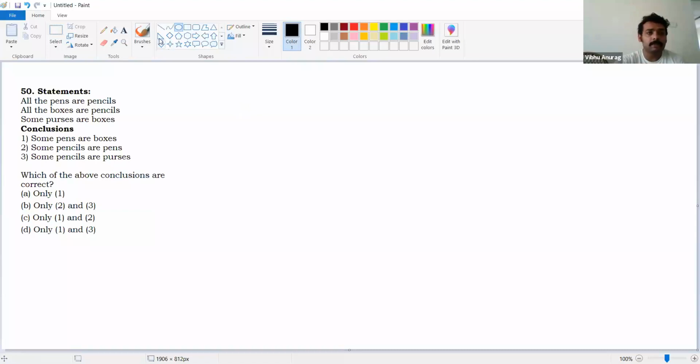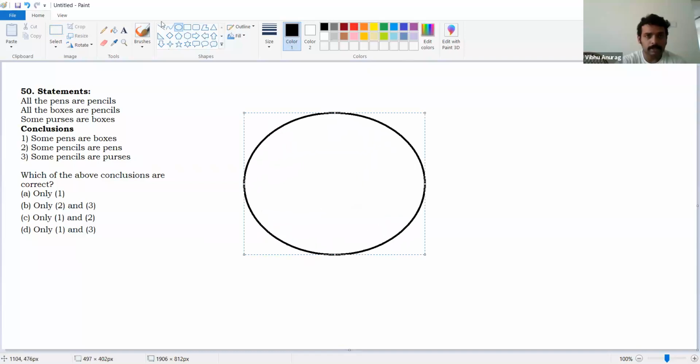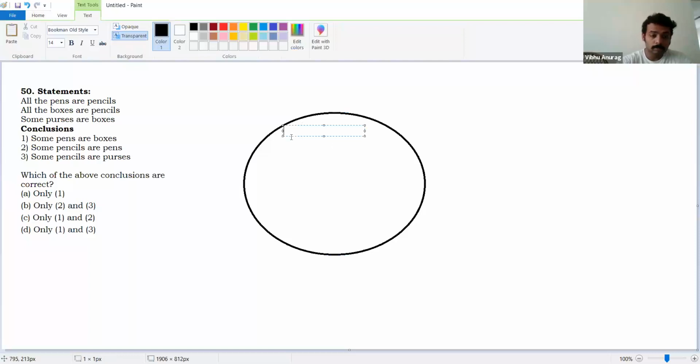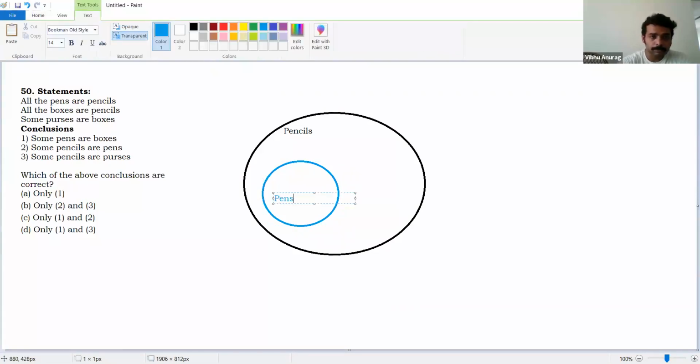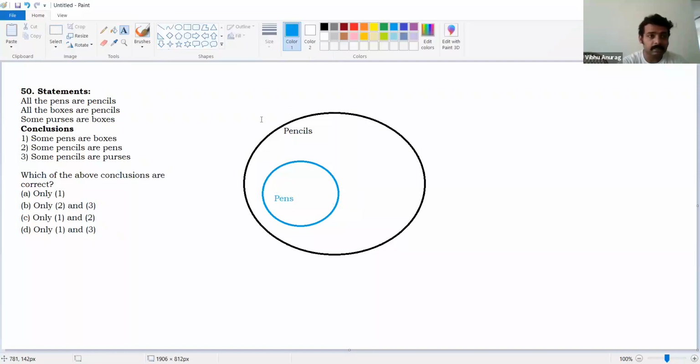All the pens are pencils. So this is a big circle. Let's call this pencil. And all the pens are pencils, so I'll draw a smaller circle inside this for pens. I will call this pens.